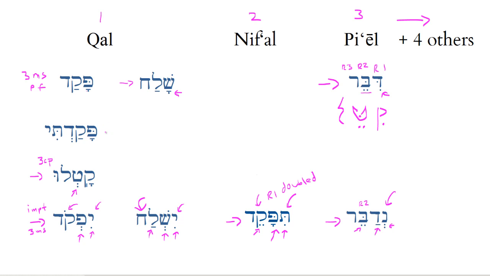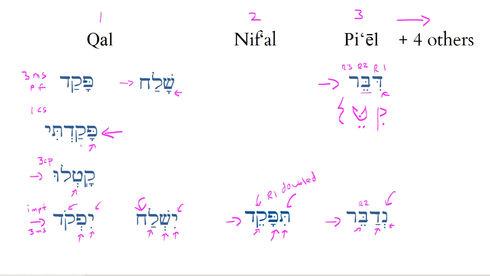And finally over here we'll look at this last form. We have a qal perfect. This is a first common singular form, which is identified by the ending. There's no prefix, and there's no R1 doubling. This is a dagesh lene. We do have the R1 vowel is a qamets. There's no R2 doubling, so that takes care of our box.